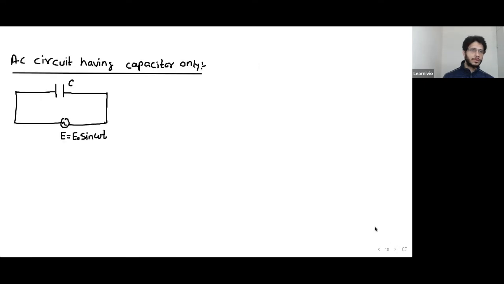Now, just like resistor and inductor, we have the third circuit, that is AC circuit having capacitor only. You connected this capacitor to an AC supply, which is E naught sine omega t. So you can write this as charge stored in capacitor.